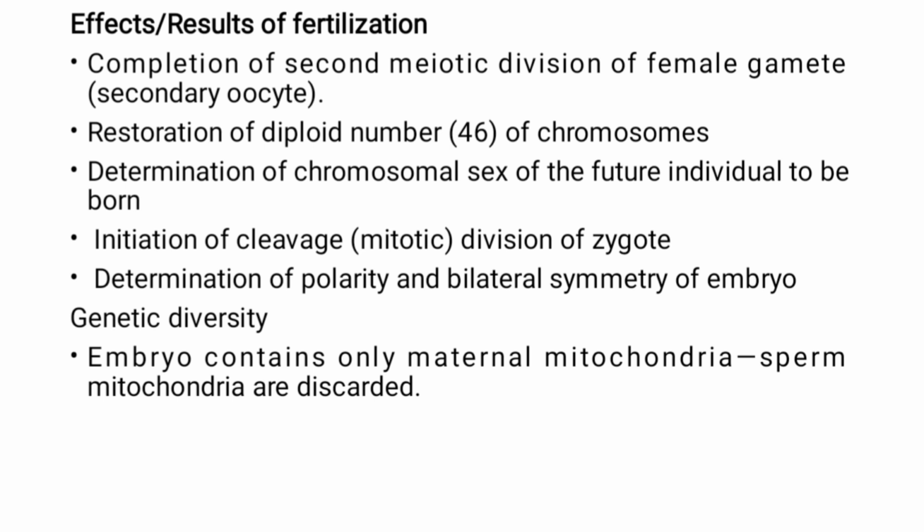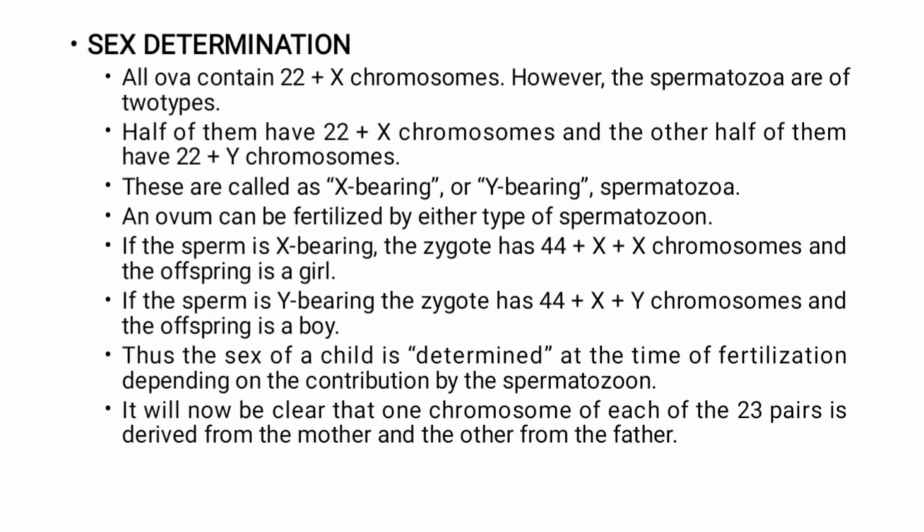Okay, now after completion of second meiotic division and restoration of diploid number, there is also determination of chromosome sex. Now you can tell if that zygote will become a female or a male. Okay, that is determined as the effect of fertilization. So those are some of the effects of fertilization which we've talked about.